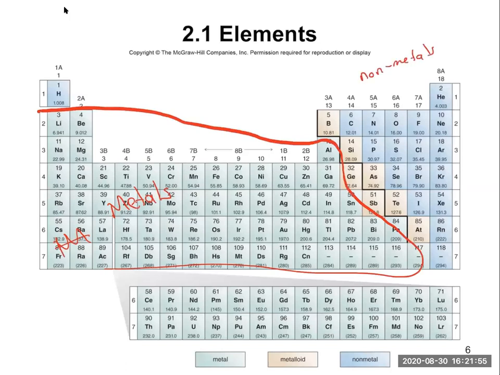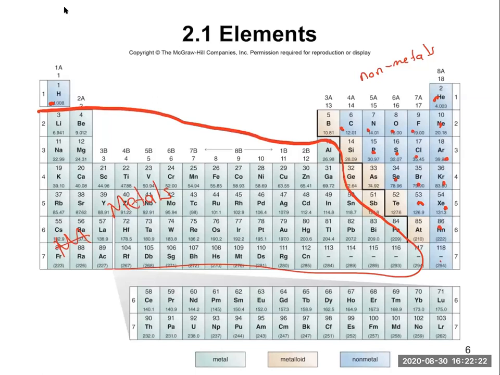And I believe we have around 19 non-metals. Let me count: 1, 2, 3, 4, 5, 6, 7, 8, 9, 10, 11, 12, 13, 14, 15, 16, 17, 18. Okay, I thought it was 19. Maybe I missed something. So those are your non-metals, which means they can be a gas or a liquid, and we'll discuss that further.